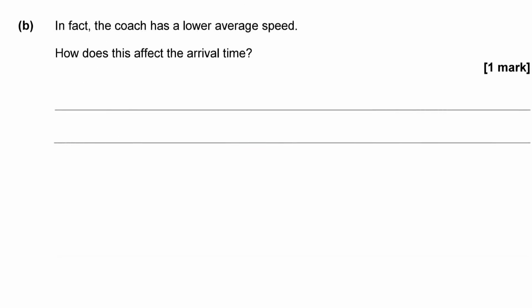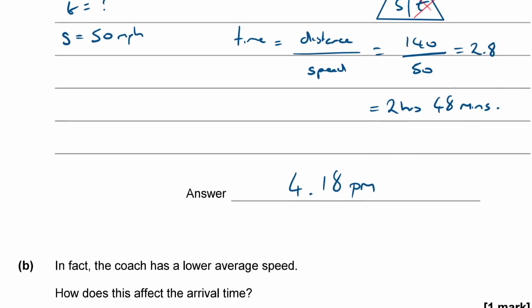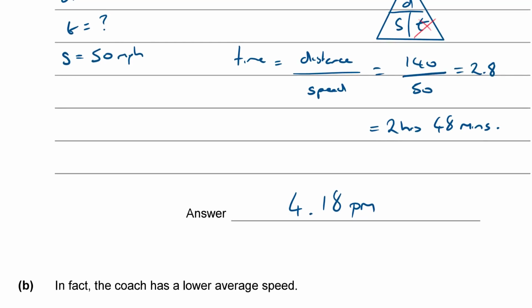In part B, we're told that in fact the coach has a lower average speed than this, so it's not going as fast as 50 miles an hour. So this speed here is going to be less than it used to be. Okay, so if you're going to divide through by a smaller number, then this number is going to get bigger, isn't it? So if you divide something by a smaller number, you're going to get a bigger result.